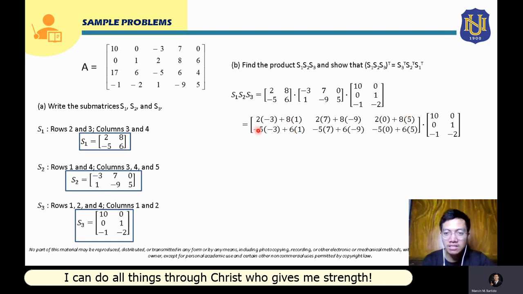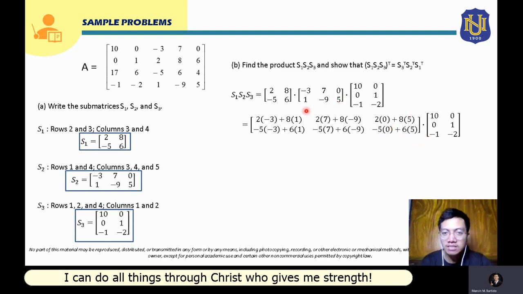This next element is the product of the second row and first column: negative 5 times negative 3 plus 6 times 1. Then negative 5 times 7 plus 6 times negative 9. And for the last element, negative 5 times 0 plus 6 times 5.